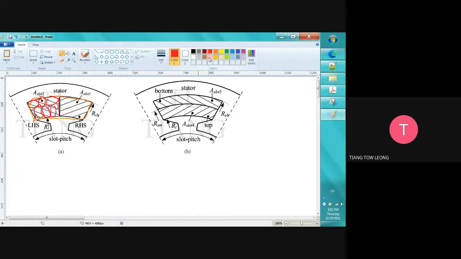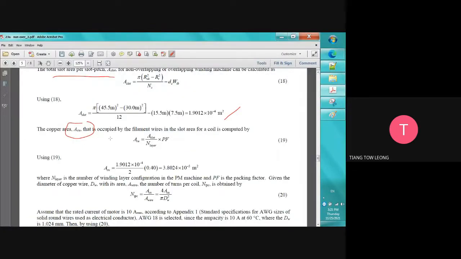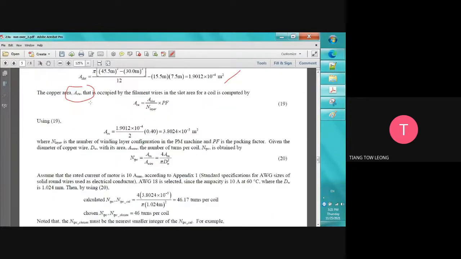Maybe I use another color. 1, 2, 3, 1, 2, 3, let's say. Then the rest will be blank spaces. So we just use A slot divided by number of layers times packing factor.